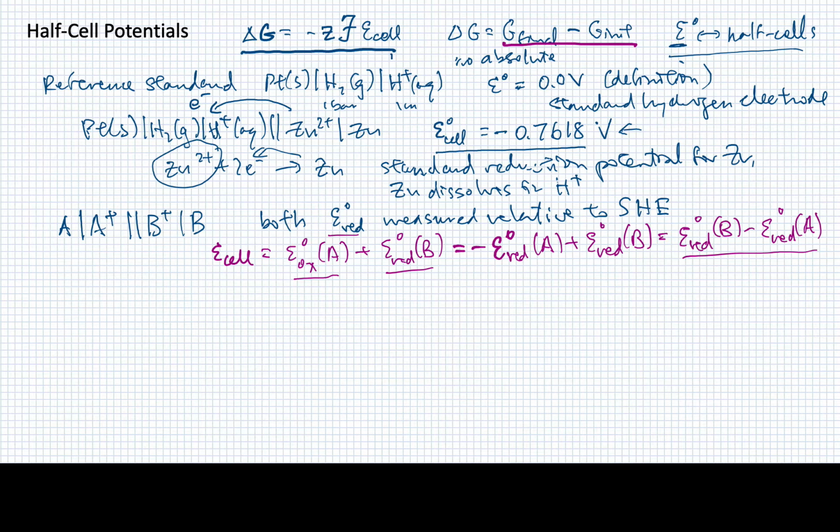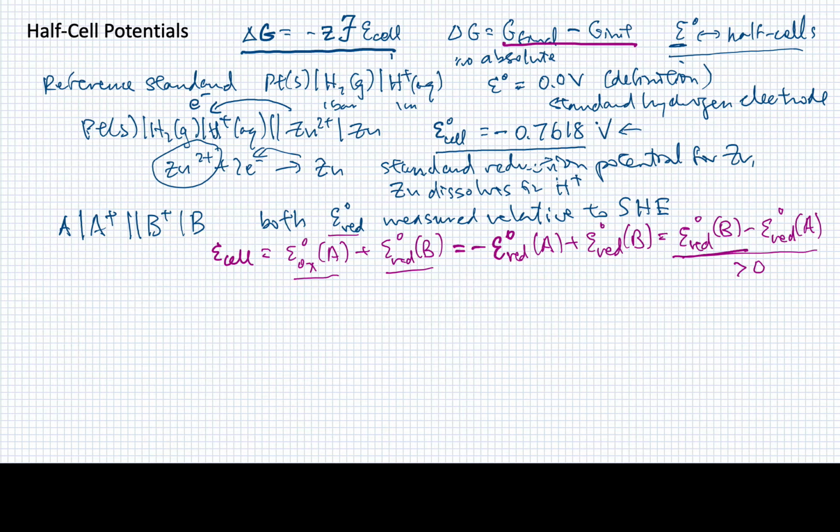Now, for this to be a spontaneous process, this has to be greater than 0, so it means that the reduction potential for B has to be larger than the reduction potential for A. So this tells you automatically, when you look in a table of standard reduction potentials, if you were to hook two of those standard half cells together, the one that is higher would be on the reduction side, and the one that is lower would be on the oxidation side.